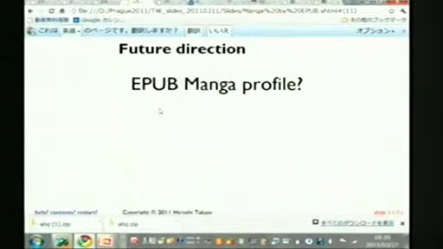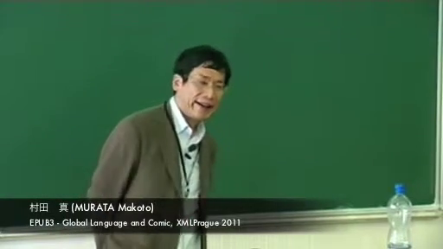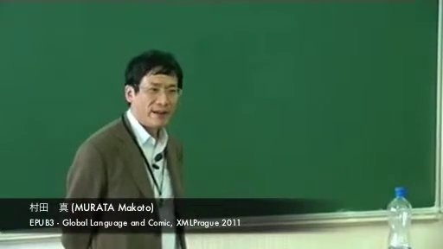Well, in the future, it might make sense to create some subset or profile of EPUB for the presentation of manga, EPUB manga. Why? One problem of EPUB3 is it's very difficult to implement the full set of EPUB3. HTML, SVG, CSS, JavaScript, DOM, SMIL, MathML.